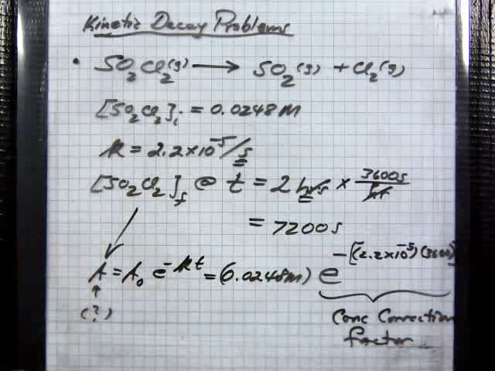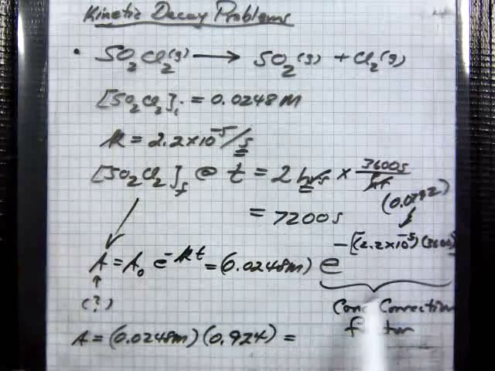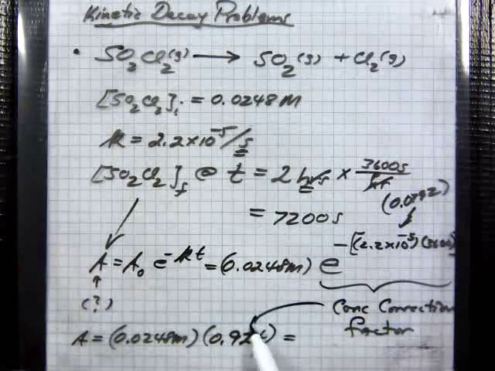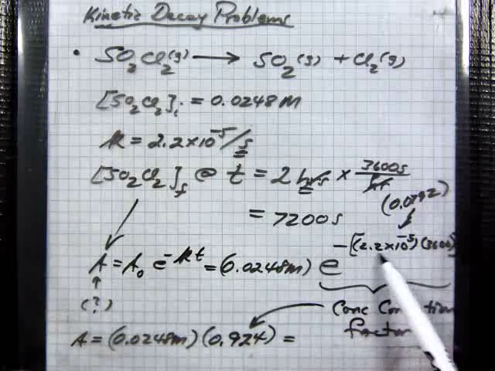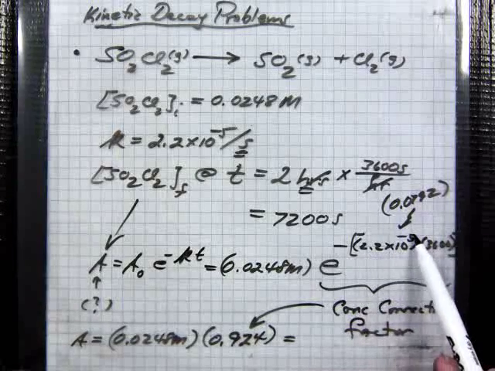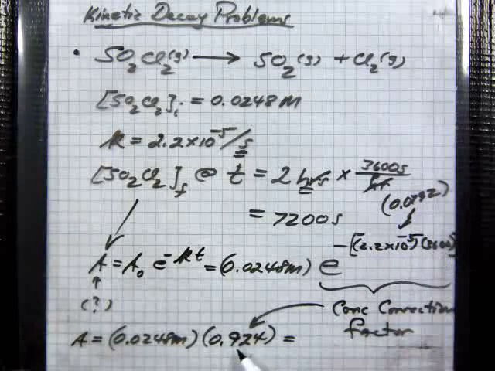And so, 0.0792 if you want to try. So when you make this calculation, you get this value, e to the minus 2.2 times 10 to the minus 5 times 3600. You'll get 0.924.